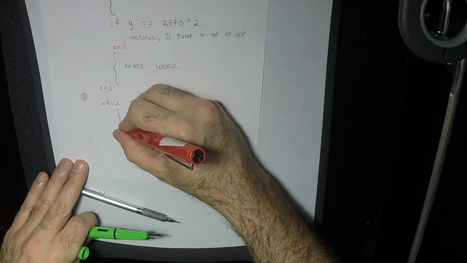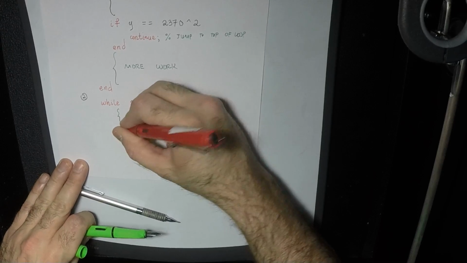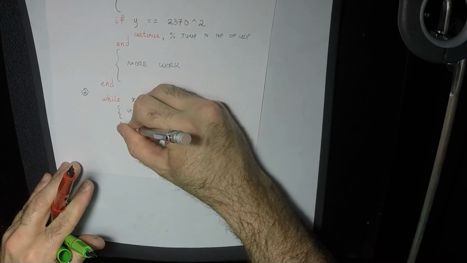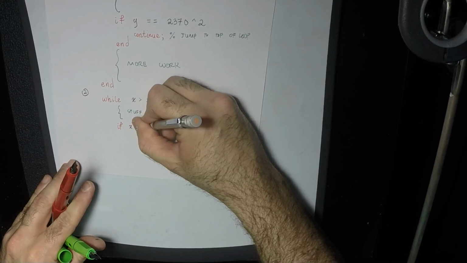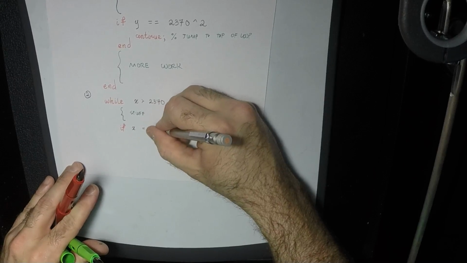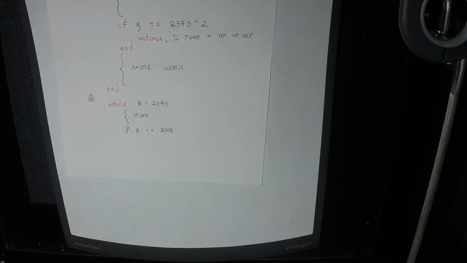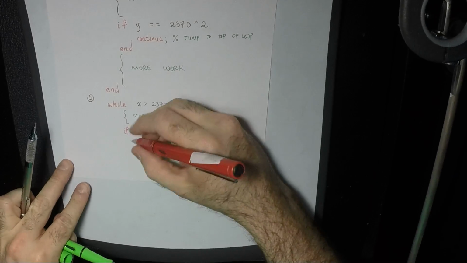You could ask something like, if x is equal to 2018. If that comes to pass, that means I don't want to do any more work. And furthermore, I don't even want to jump back to the top. Rather, I want to stop being in this loop altogether. I'm tired of it. I want to be done with this loop. The keyword that says I'm done with this loop is break.